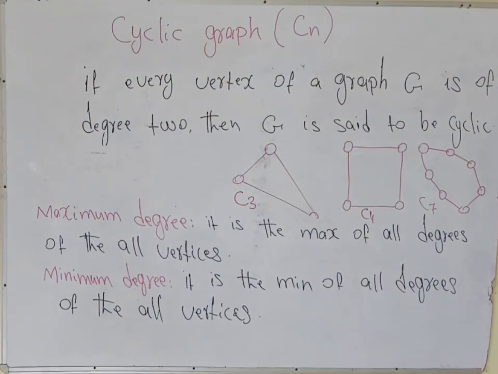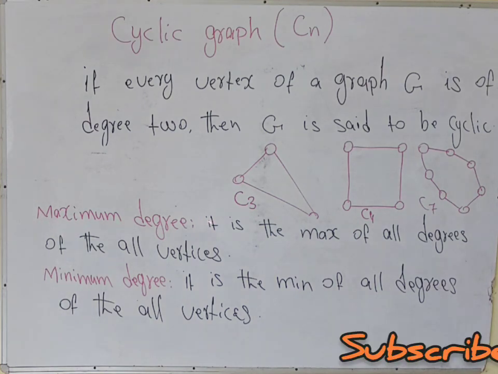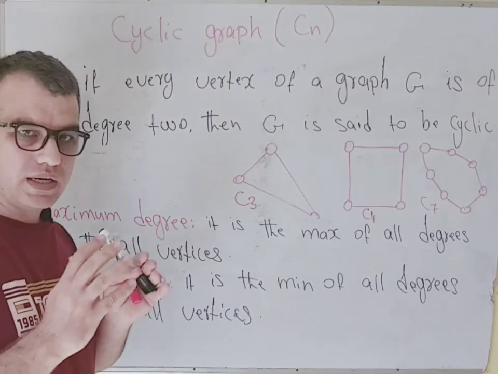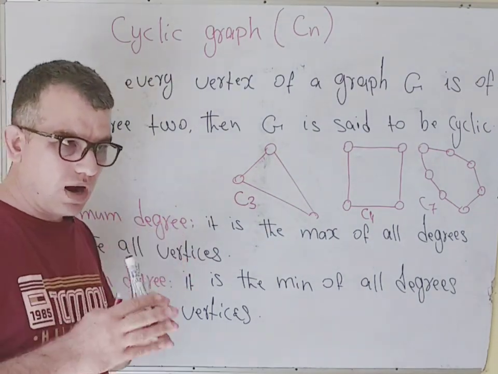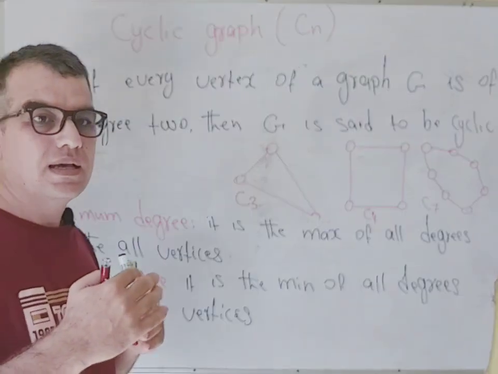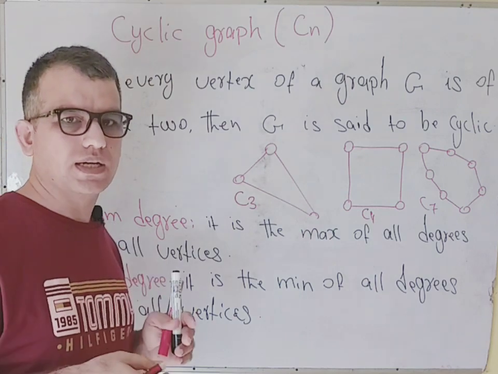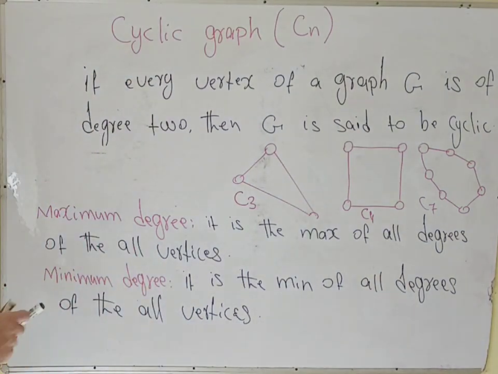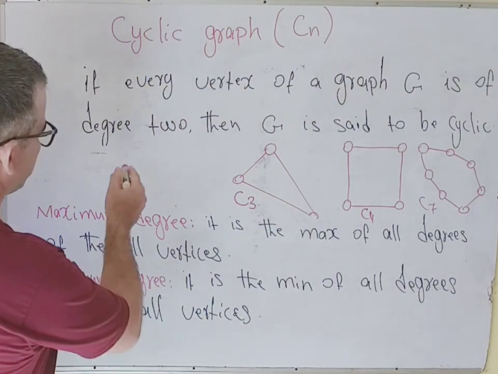Okay, let's go to maximum and minimum degree. The maximum degree in a graph is the degree of the vertex that has the biggest degree. Let me show an example here.